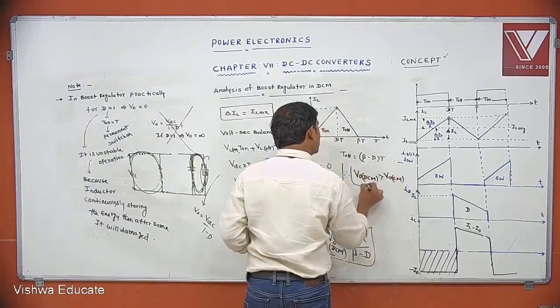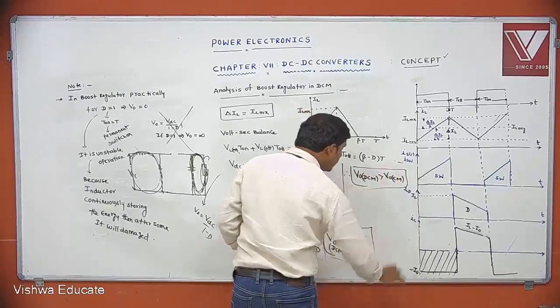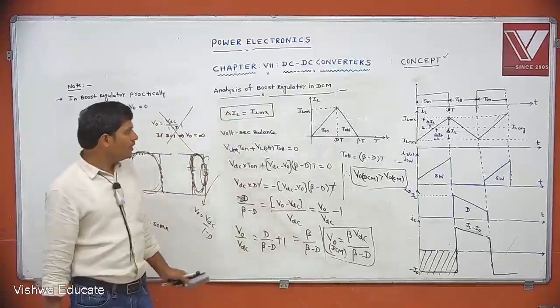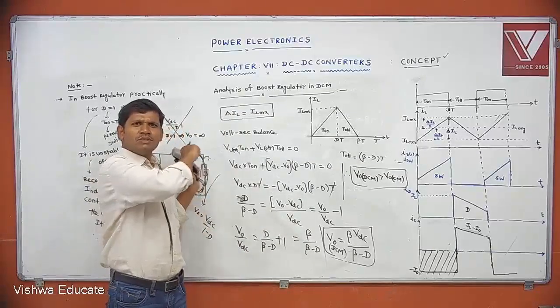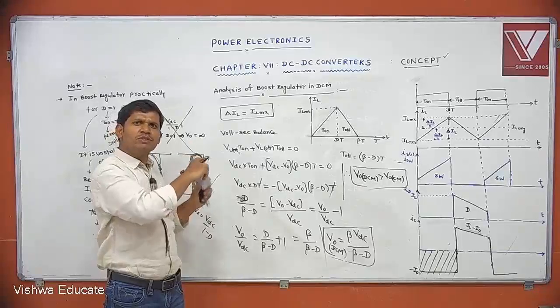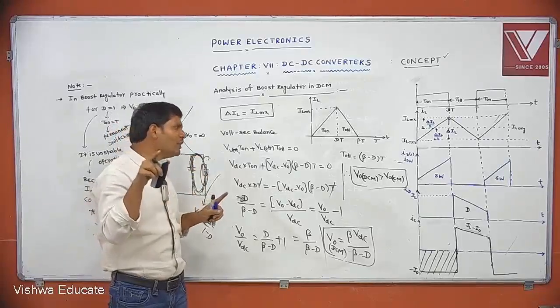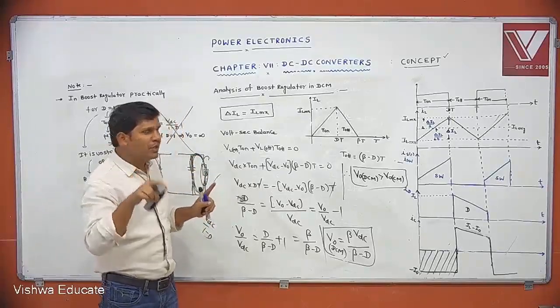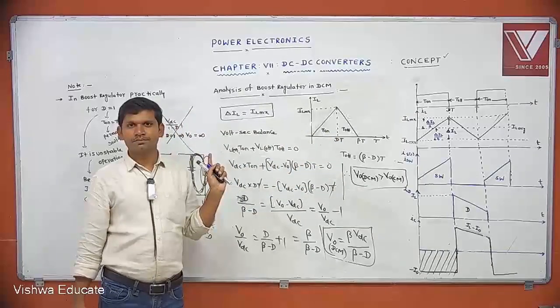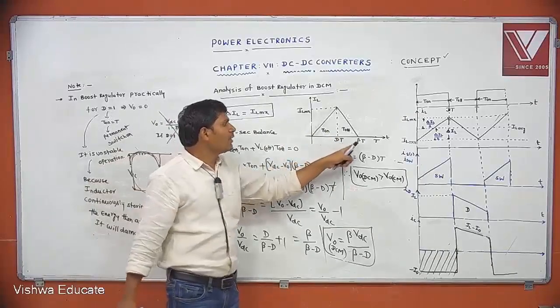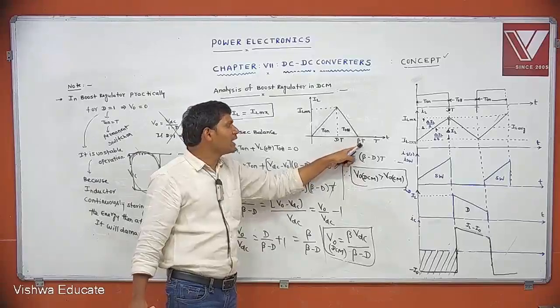If you want, check by taking D value and beta value. For the remaining parameters, follow the same procedure I explained in continuous mode, but you take T off not as 1 minus D into T, you take beta minus D into T. Understood?